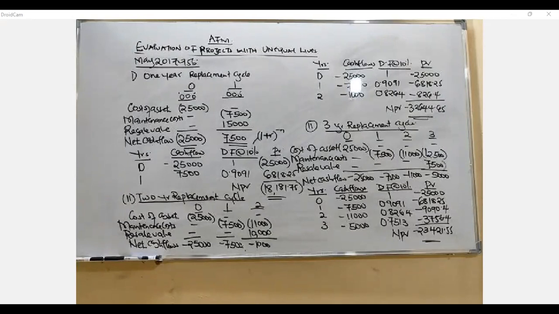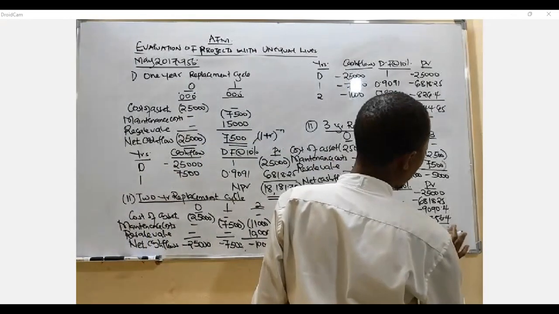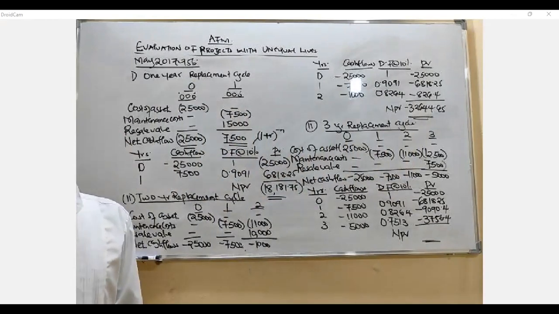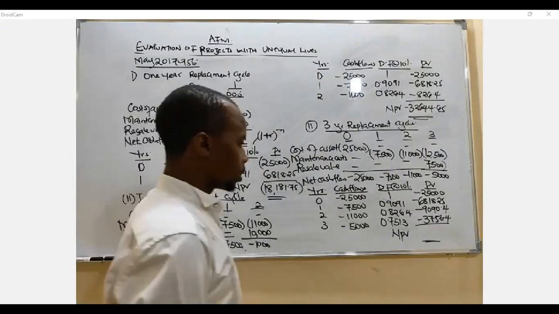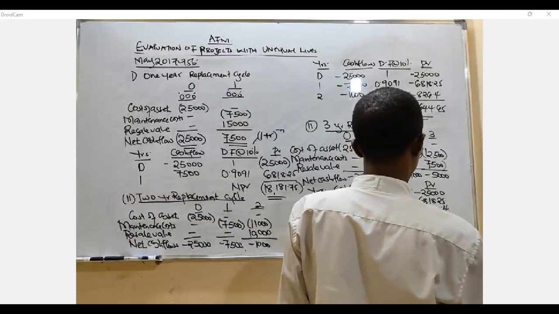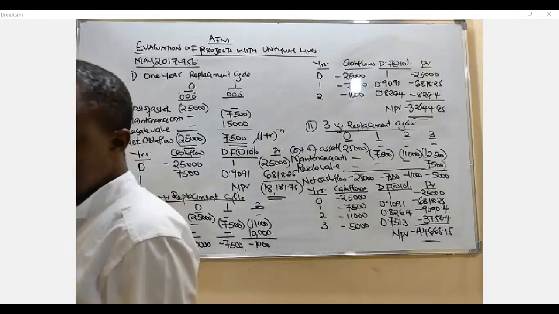It should be 44,000 or something, someone? What is the summation? Hello? Are you getting something like that?